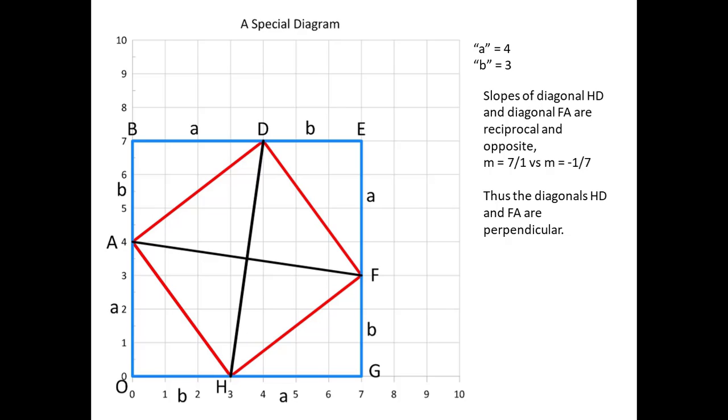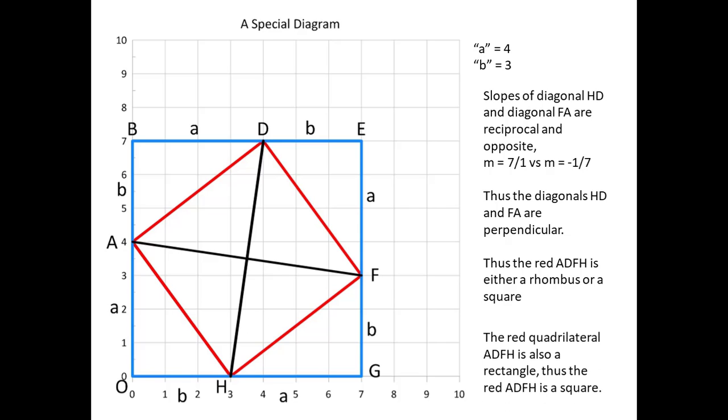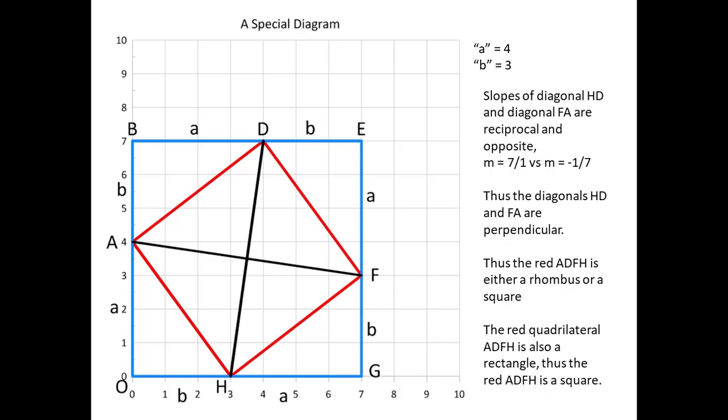So now we've got a quadrilateral with equal sides and perpendicular diagonals. The quadrilateral can either be a rhombus or a square. But because we know that it has 90-degree corners, the red quadrilateral is a rectangle, and so being a rectangle with diagonals at 90 degrees, it has to be a square.